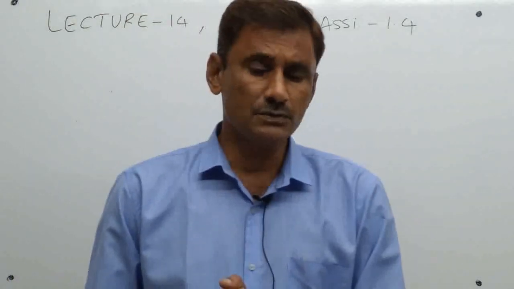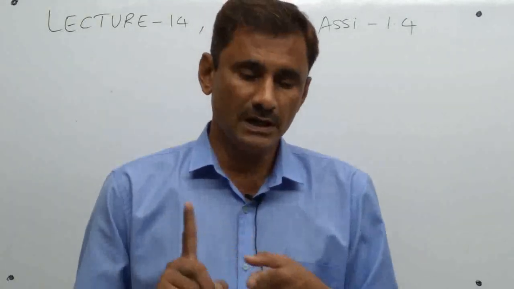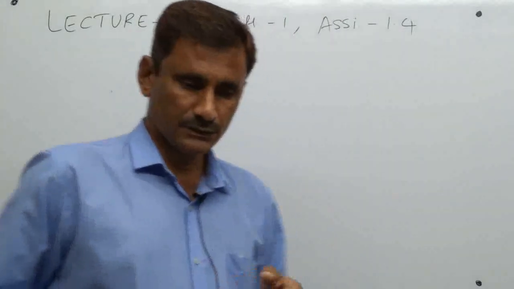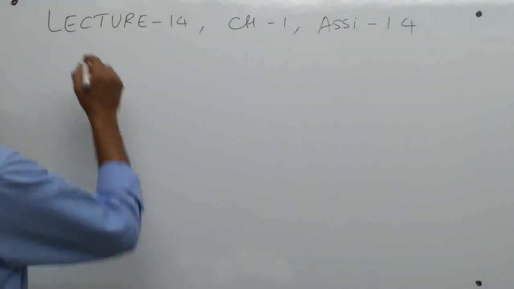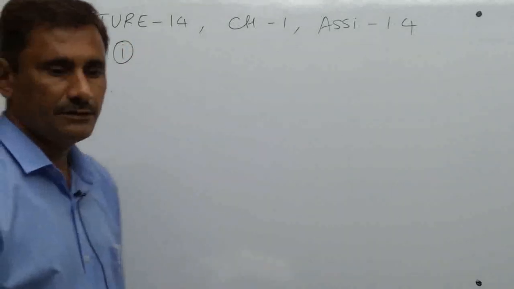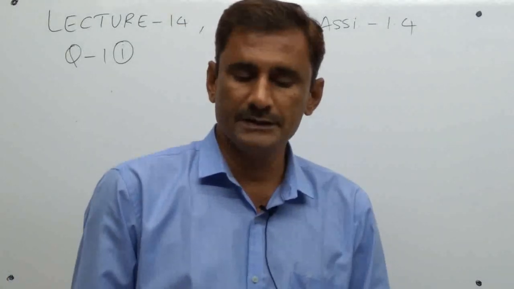So let's see, first of all an MCQ is given at question number 1. Let's see the sub-questions one by one. First one: they have given the price of 100 pens, rupees 500 and 3 by 5.